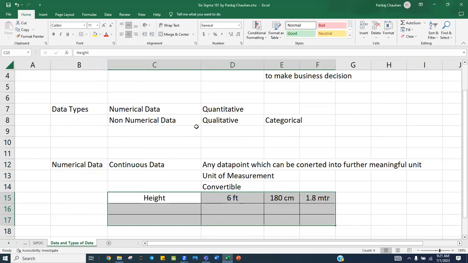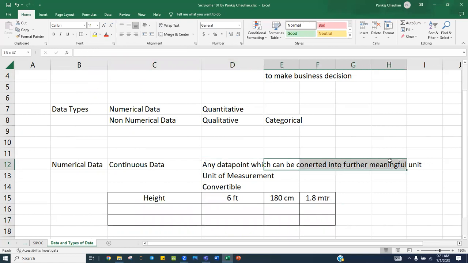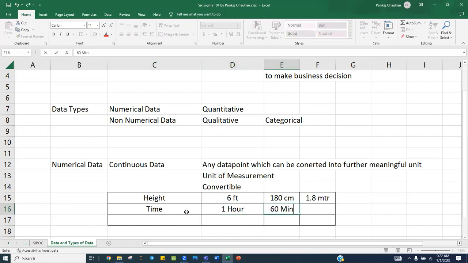So continuous data means a data point like 6 feet, the height, which can be converted into a further meaningful unit. I convert it into centimeters or meters. You can talk about time. Time, you will say it's 1 hour, which is as good as 60 minutes, or as good as 3600 seconds. You can say distance. Distance can be in miles, kilometers, or meters.